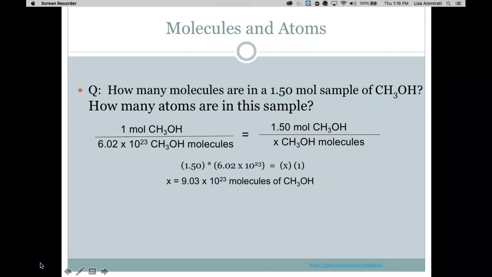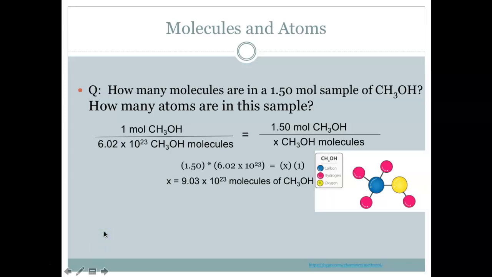Let's consider a single molecule of CH3OH. Each molecule of CH3OH contains 1 carbon, 4 hydrogens, and 1 oxygen, for a total of 6 atoms. So again, we can set up a proportion. The first half of our proportion is the relationship we know, 6 atoms for every 1 molecule of CH3OH.